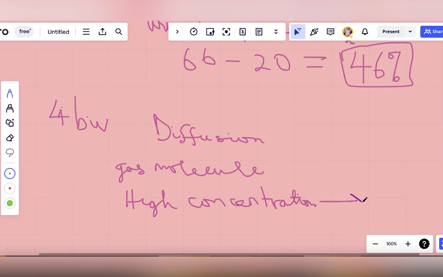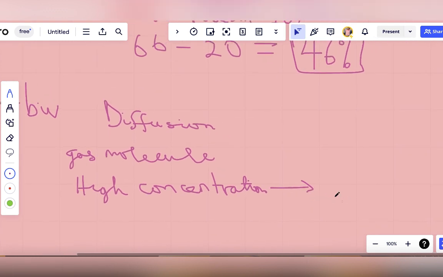So I just write high to low. The concentration you already know. Conc means concentration. So from high concentration to low concentration. So that's diffusion in this regard.